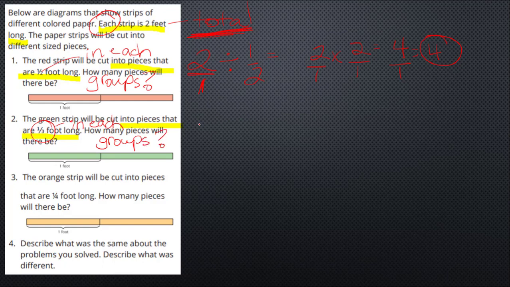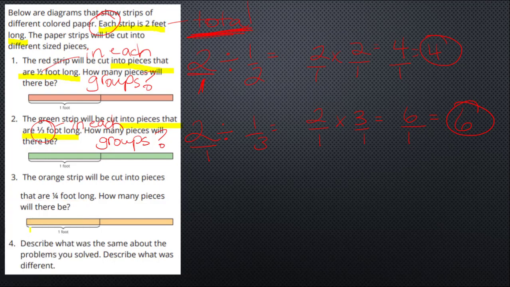So we have total, so we're dividing, divided by 1/3. So we're still dividing by fractions. So stick the 1 underneath your 2, change to multiplication, and flip the second fraction. 2 times 3, 6. 1 times 1 is 1. So that gives me 6 groups for number 2.